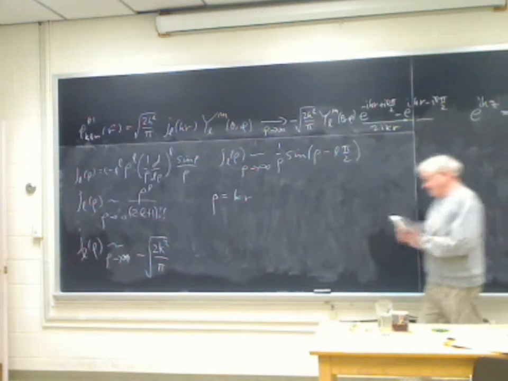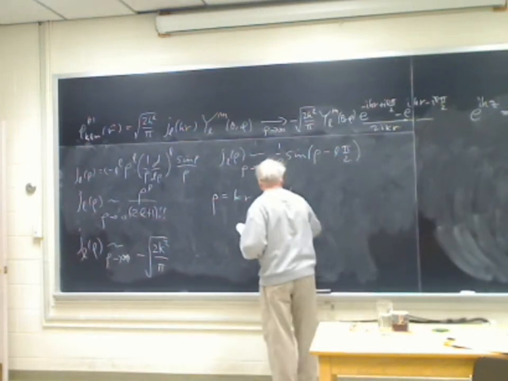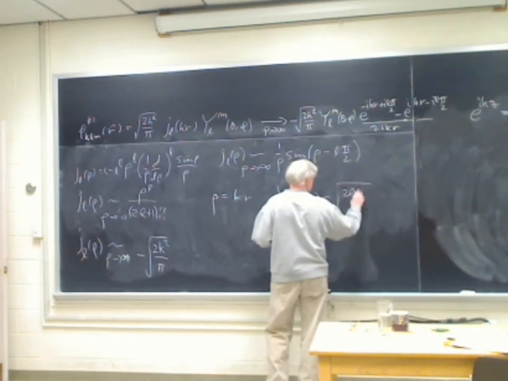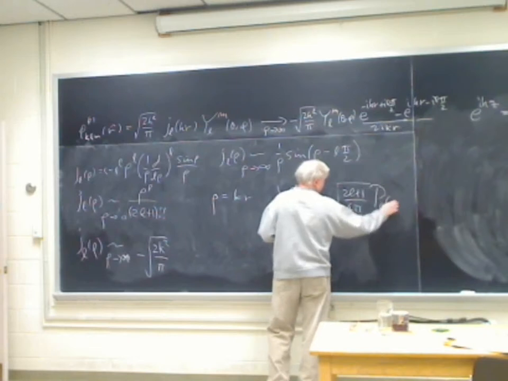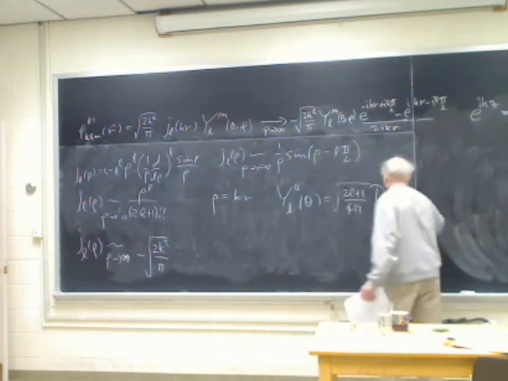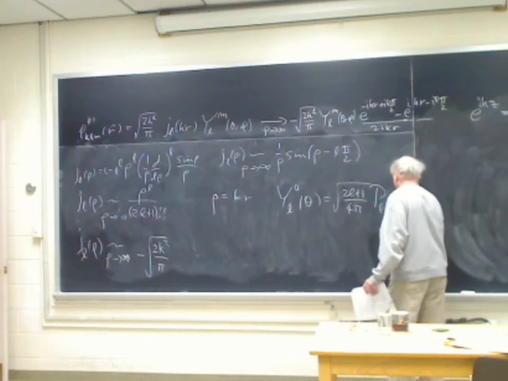And Y_l0 of theta is the square root of (2l+1) over 4 pi P_l of cosine theta.